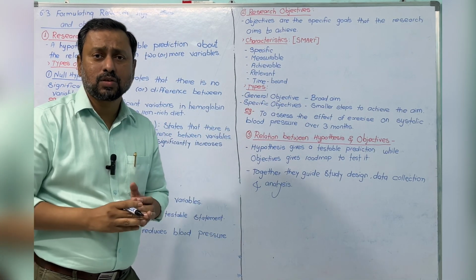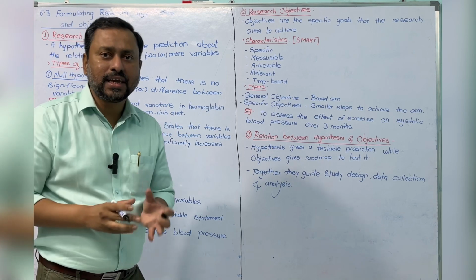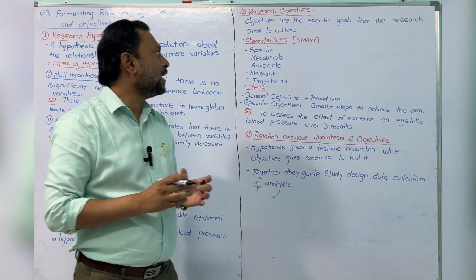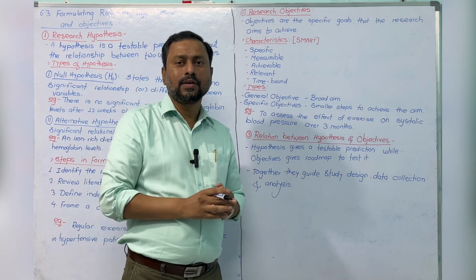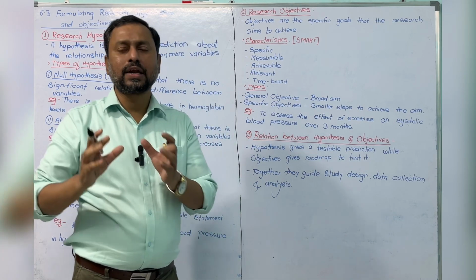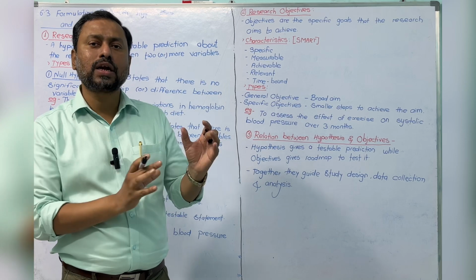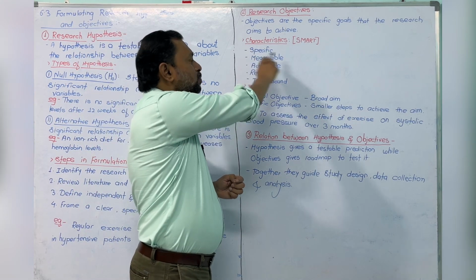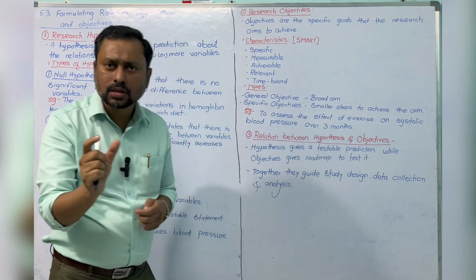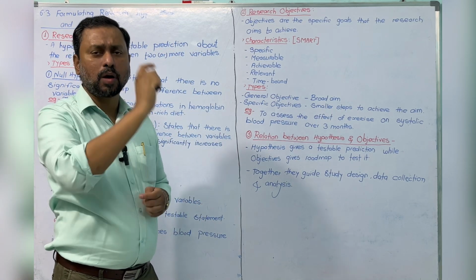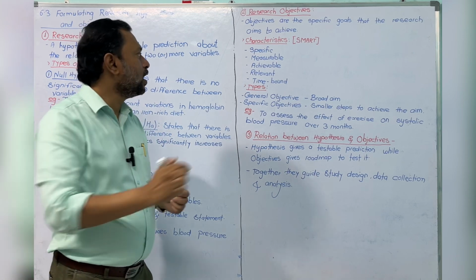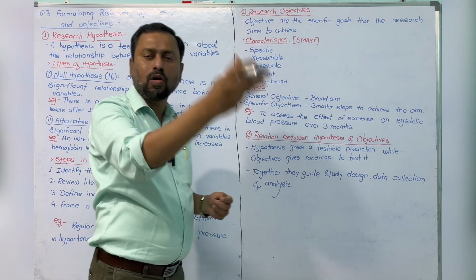For research objectives there is a set of criteria called the SMART criteria. In research language, we use the SMART criteria for the objective. The objective should be specific. Next, it should be measurable as well as achievable, something you have to achieve.